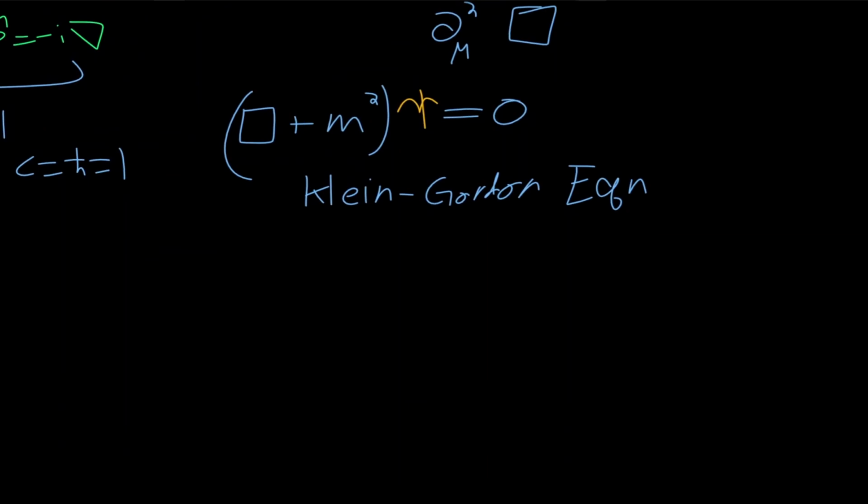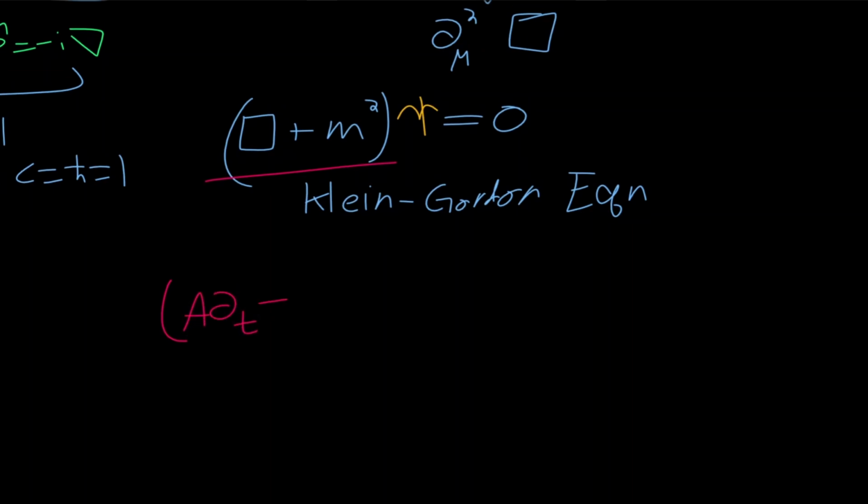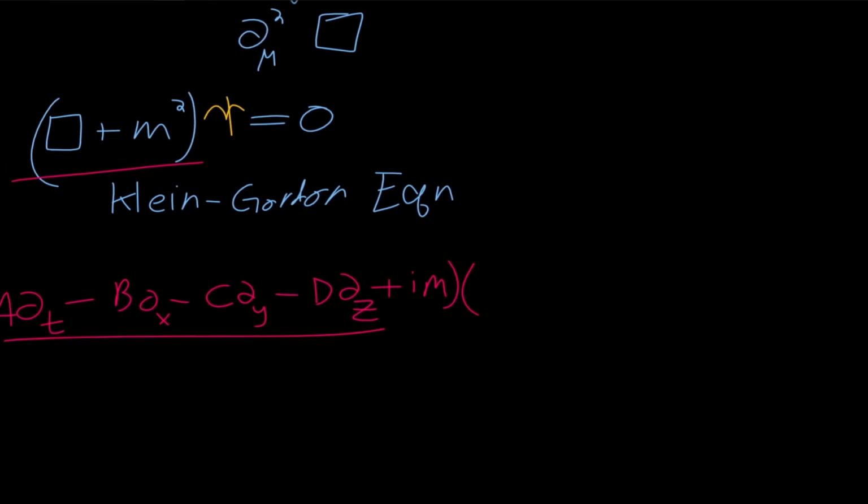So let's go ahead and posit that this operator can be converted into a form such that we have a partial t minus b partial x minus c partial y, and then minus d partial z, and then plus im, and then times all of this, which I'll rewrite real fast, and then just minus im.